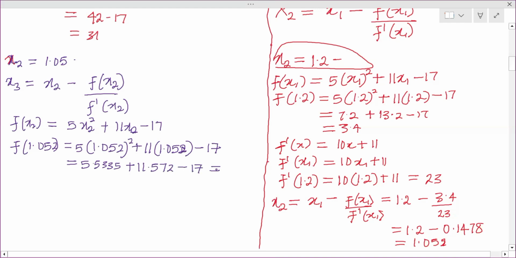So the final answer here should be 0.1055. That is my f of x2, which is this part here.